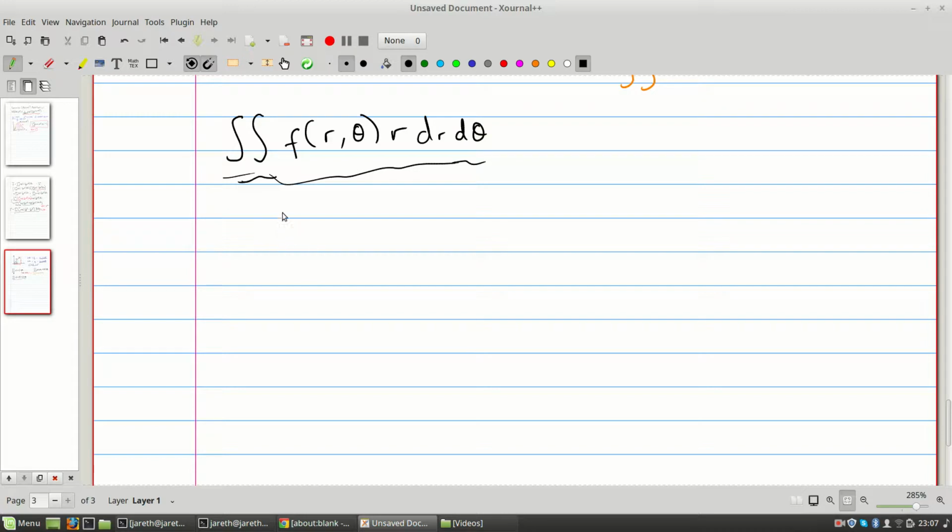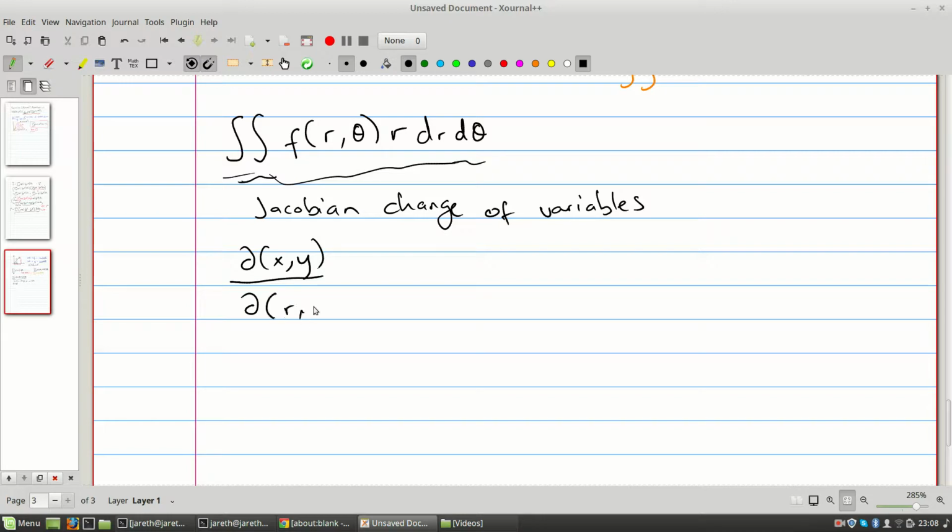It's called the Jacobian change of variables. Basically, when we're changing variables, you're given x, y, and in our case we want to change them to r, theta, right?